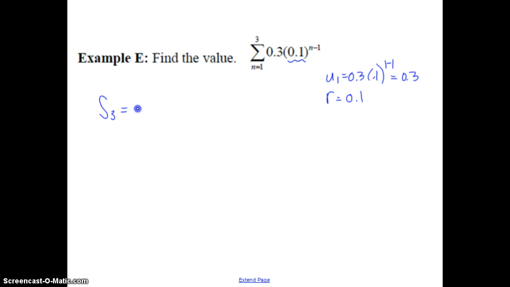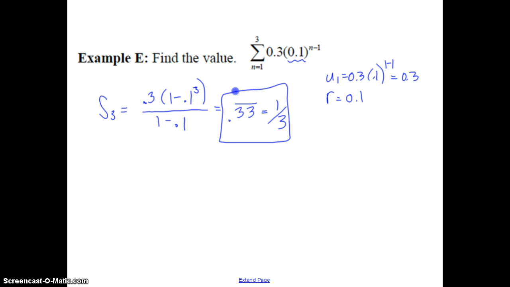So if I want to add up the first three terms, I would take 0.3 times 1 minus 0.1 raised to the third, because I want to find the sum of the first three terms, and then I go 1 minus 0.1. When I type this into my calculator, I end up getting 0.3 repeating, which is the equivalent of 1/3. So the sum of the first three terms here ends up being 0.3 repeating, or 0.333.